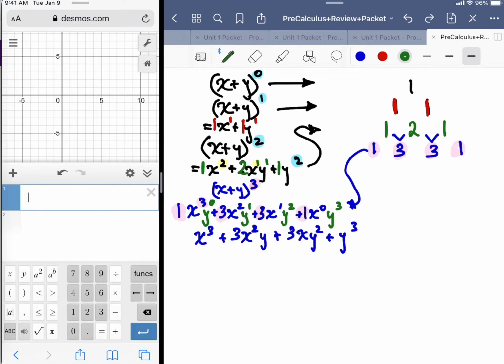And the way to do that is to create what we call dummy variables, just placeholder variables for x and y. Because Desmos is having a hard time with x and y because it thinks I'm trying to create a multivariable function. If you have an equation in terms of two variables, that puts it into the third dimension. We're working in a two-dimensional plane here, so Desmos is not going to be able to handle that. You'd have to go to something like GeoGebra.